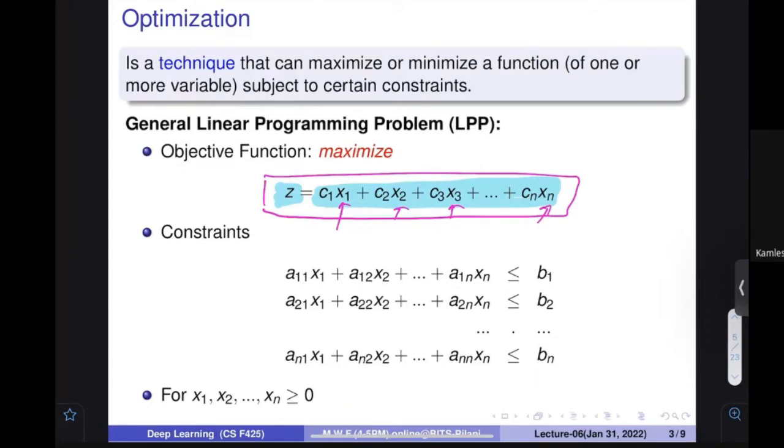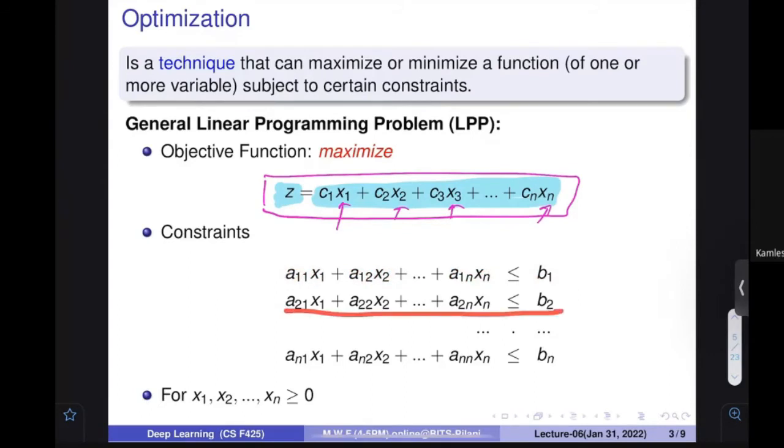Sometimes you cannot do this, all the values are not available for you, and we also define some kind of constraint. If I define using x1, x2, x3 a constraint, I say that a11 multiplied by x1, a12 multiplied by x2, up to a1n multiplied by xn should be less than b1.